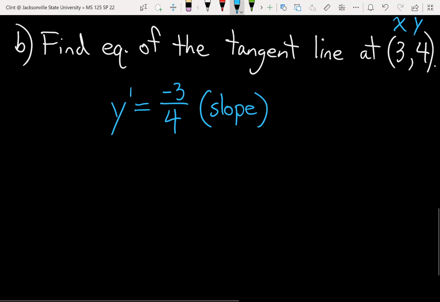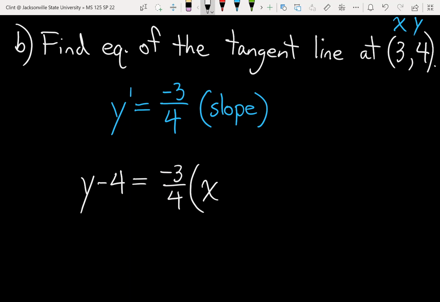And then to get the equation of the tangent line, it would be y minus our y coordinate, that equals our slope, negative 3/4, times x minus our x coordinate, which is 3. So there's our equation. If we want to, we can solve it for y.